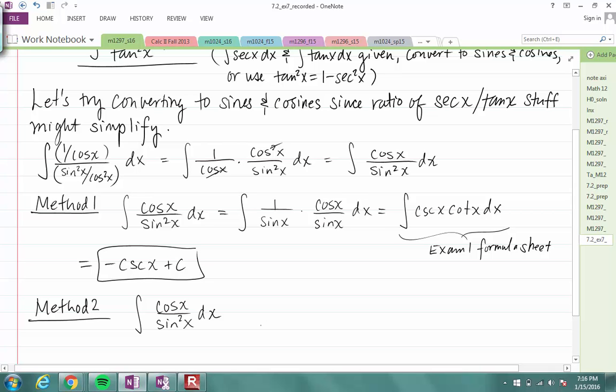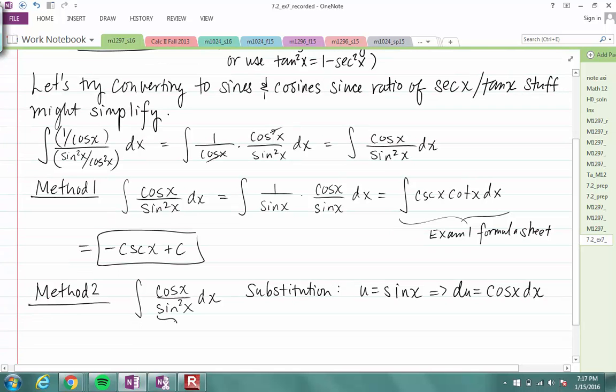We got a sine that's nestled up with that squared, and the derivative of sine is cosine. So this is a fairly straightforward substitution problem. We let u equal sine x, and that implies that du is equal to cosine x dx.